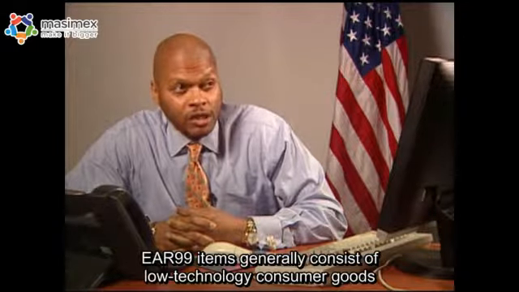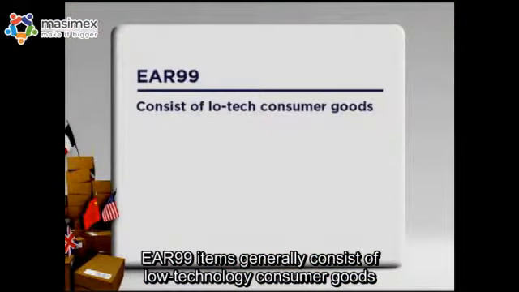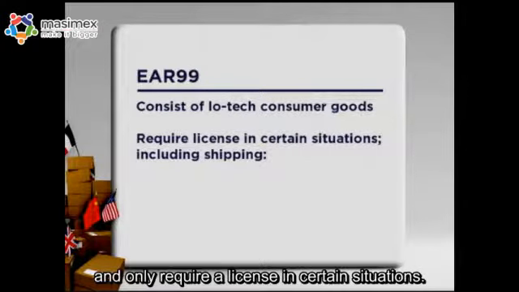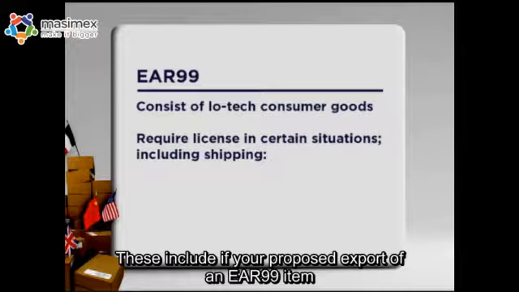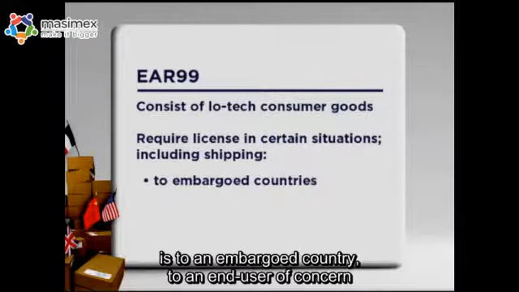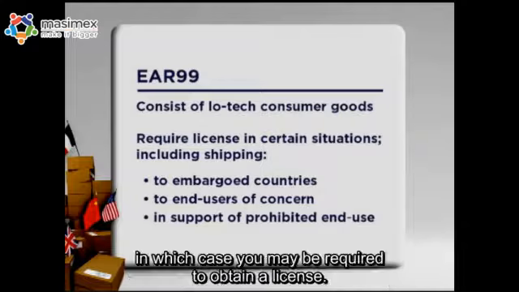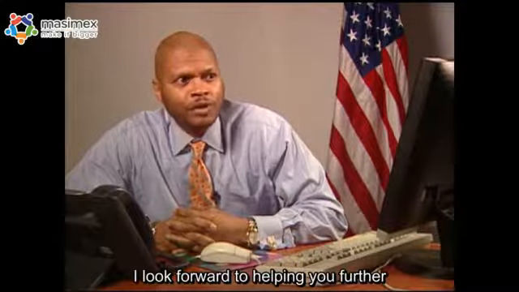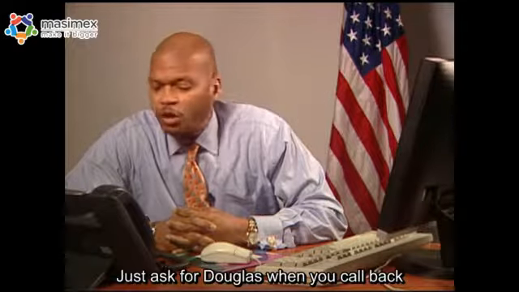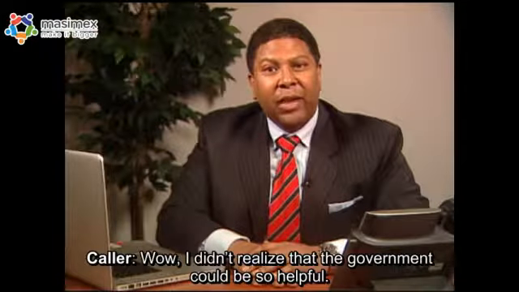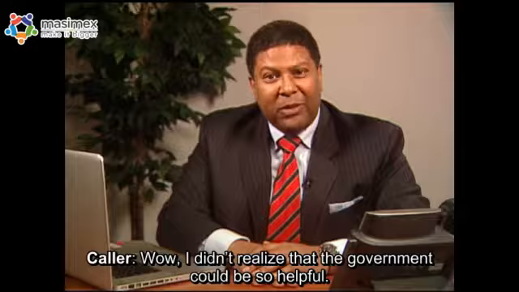EAR99 items generally consist of low technology consumer goods and only require a license in certain situations. These include if your proposed export of an EAR99 item is to an embargoed country, to an end user of concern, or in support of a prohibited end use, in which case you may be required to obtain a license. I look forward to helping you further. Just ask for Douglas when you call back. Wow, I didn't realize that the government could be so helpful.